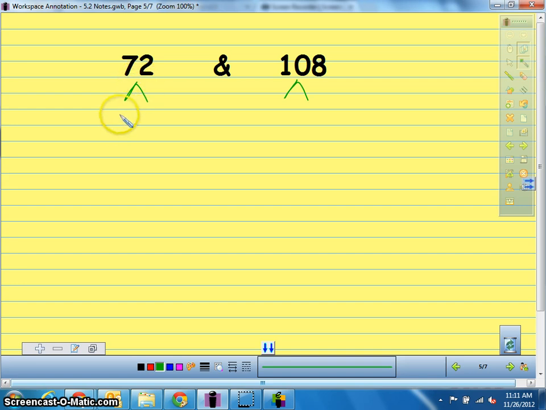72, I know, is the product of 8 times 9, right? Neither one of these are prime numbers, so I've got to add a few more branches here. 8, I can get by taking 2 times 4. 9 is 3 times 3. The 3's are prime numbers, so those are dead ends. I've got to circle those. 2 and 4. 2 is a prime number. 4 is not, so I've got to add legs.